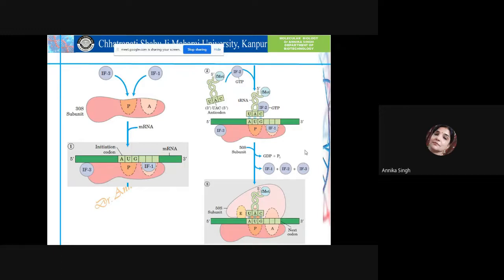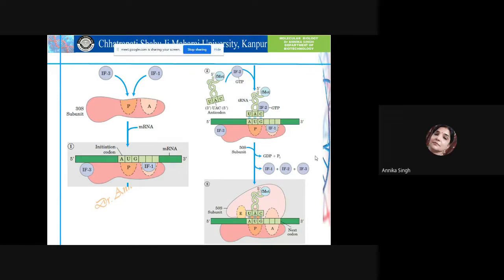As I have told you, the initiation codon is the universal AUG, and in the prokaryotic system, N-formyl methionine is responsible for the initiation of protein synthesis, while in the eukaryotic system, methionine is responsible for initiating protein synthesis.